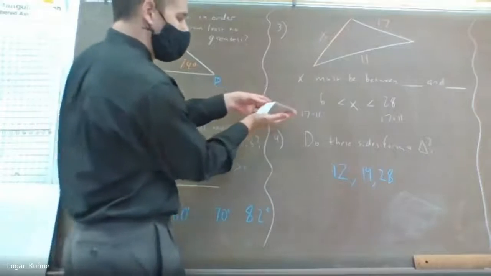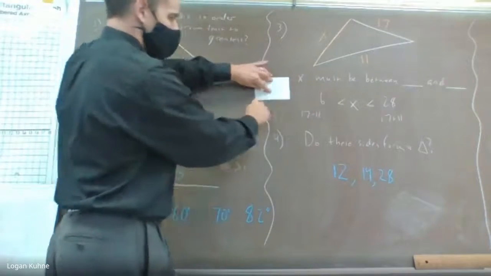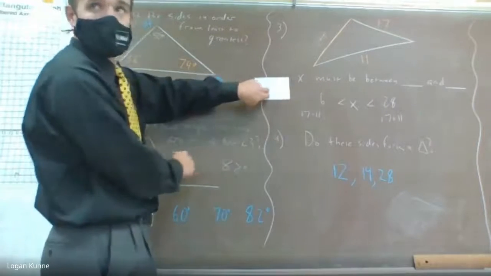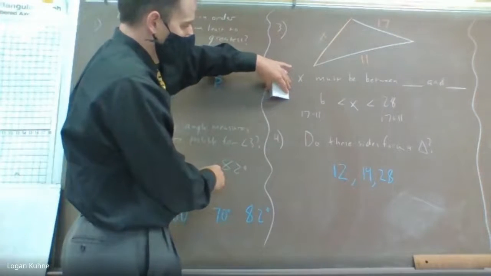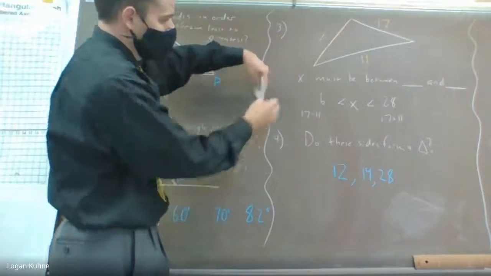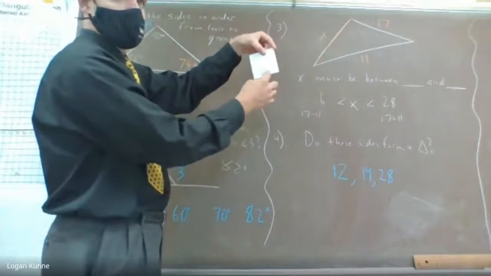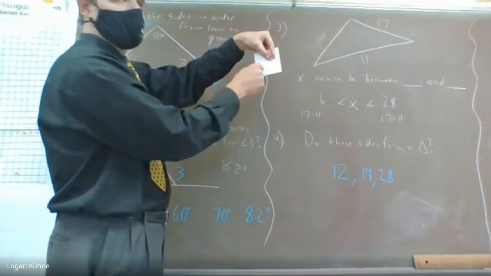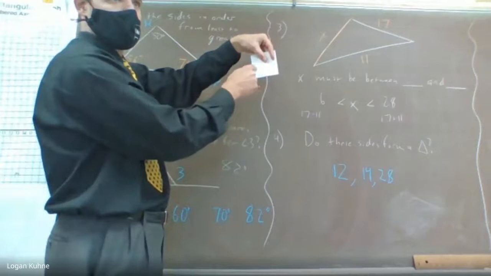If I completely flatten out the triangle, how long is the bottom side? 28, right? What if I take this and scoot it in like this? So the whole thing's 17, this is 11. I've completely smashed it. How long is that? It's got to be 6, doesn't it?